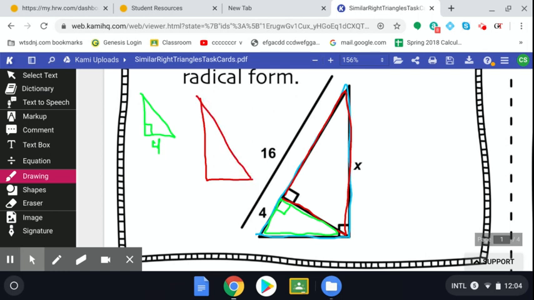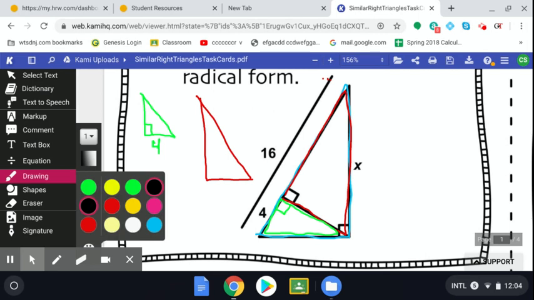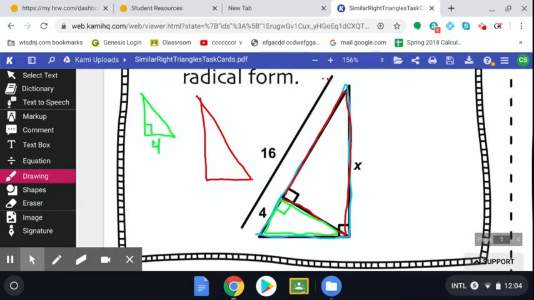And I am going to say that if this entire segment here is 16, and I know it is because it's labeled that way, and this one is 4 over here, then 16 minus 4 means that this side here has to be 12, okay?